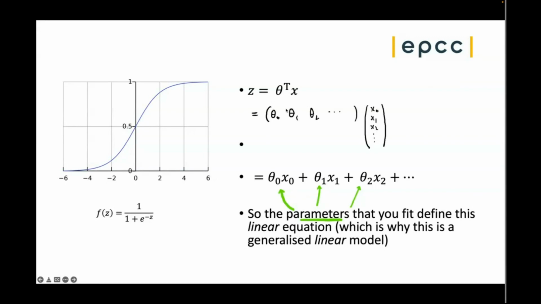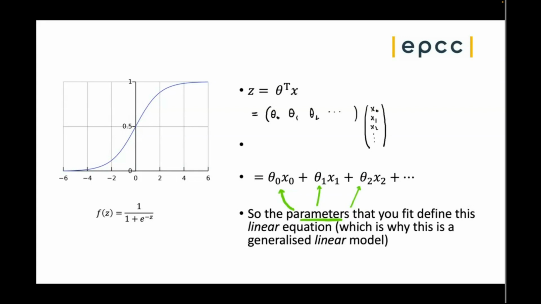So now for any number of parameters, we can come up with a value of z and plug it into this formula. Incidentally, logistic regression is part of a family of what are called generalized linear models.